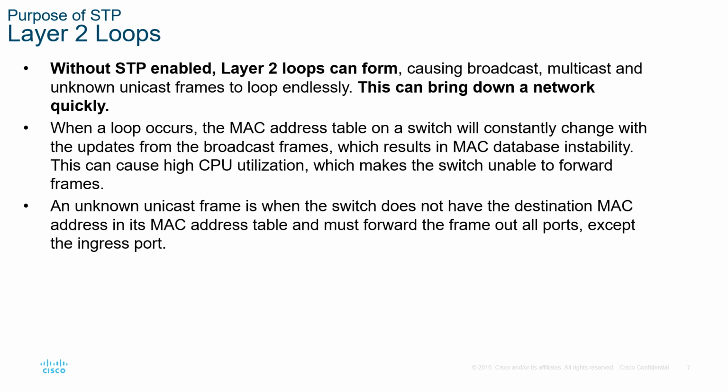What happens here is that when a loop occurs, the MAC address table on a switch will constantly change with the updates for the broadcast frame. Basically, this will result in MAC address database instability and cause high CPU utilization because the switch keeps forwarding the frame for an indefinite amount of time. So when we have STP, frames will not loop infinitely and it will make the LAN usable.